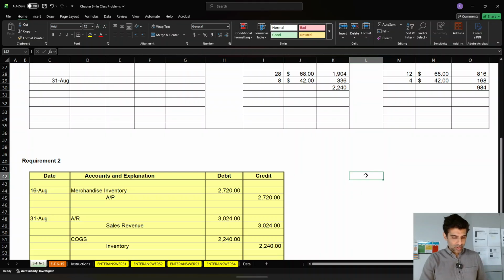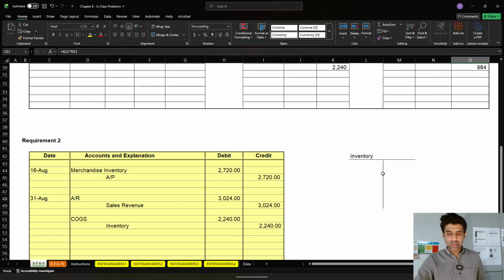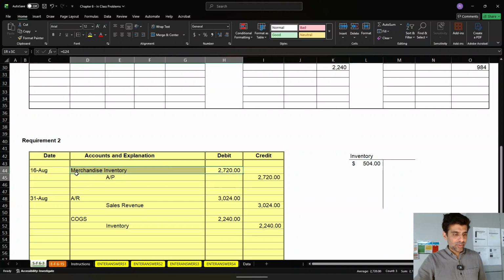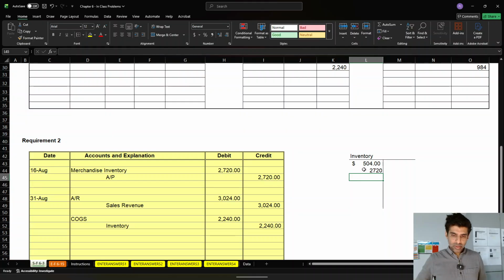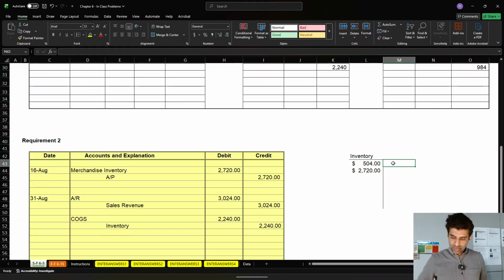Okay, so now let's just do our T account for inventory, just to make sure that we're correct and lined up with what we just calculated. So I had a starting balance of 504. That was the value of my inventory. Okay, and I had this purchase transaction, debit. And then I had this sales transaction, credit.